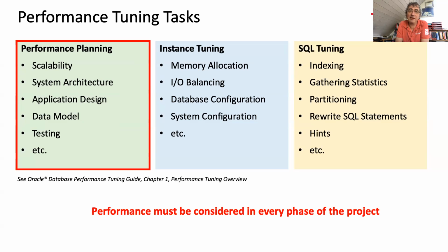And that's really important, that you already think about performance when you do the system architecture, when you design the application, when you do the data model, that you decide, okay, is it really useful to work like this, or to always join 20 tables, or to denormalize some data.